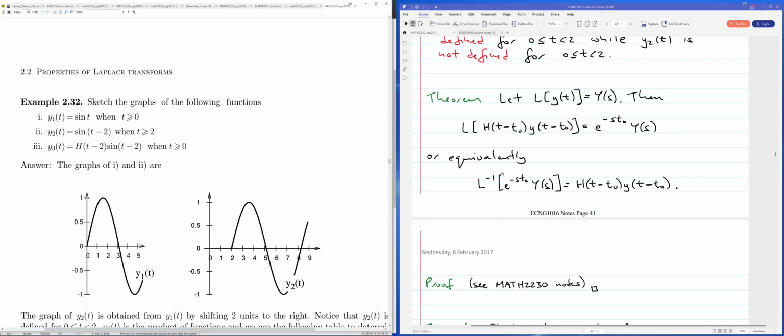So how this works is, if I want the inverse Laplace of e to the minus s t0 times Y of s, you consider the big Y of s, take the inverse Laplace transform of that to give you the small y of t, and then you shift that by t0. And then finally you multiply by h(t-t0). It's probably best if you just see an example of that.